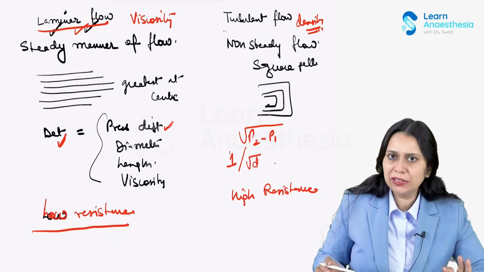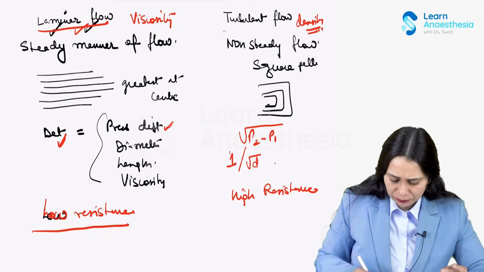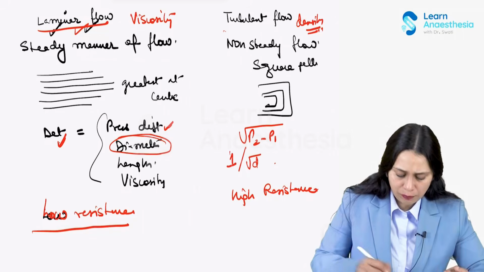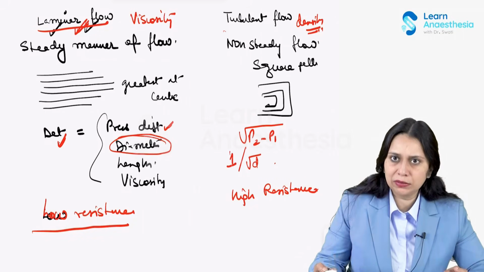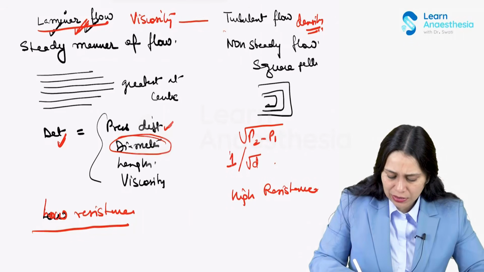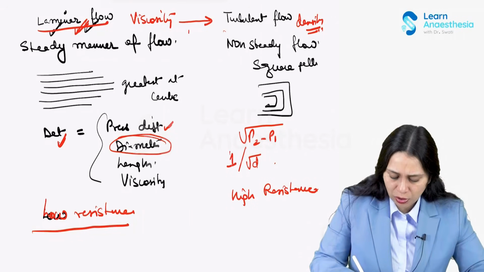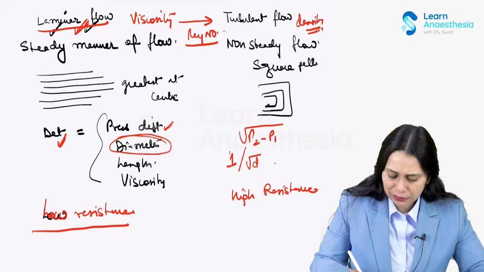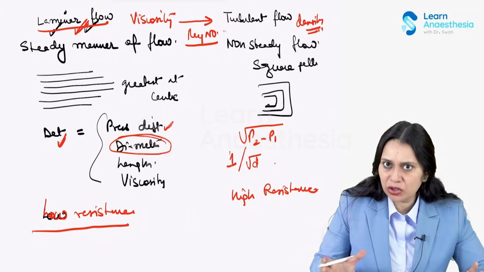So what would be the clinical implication? If we keep the diameter more, the flow will be more in the laminar pattern. The Reynolds number will be less, because the change from laminar to turbulent depends upon the Reynolds number. And the Reynolds number is a dimensionless number.